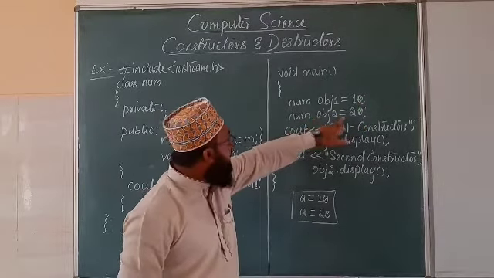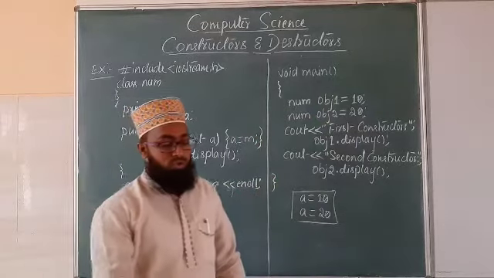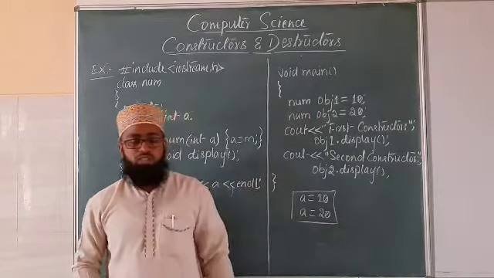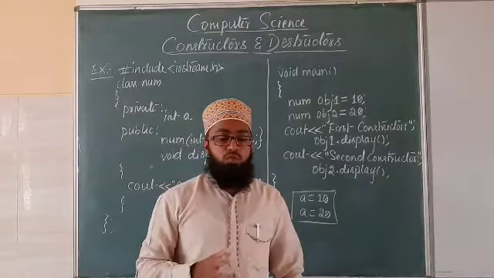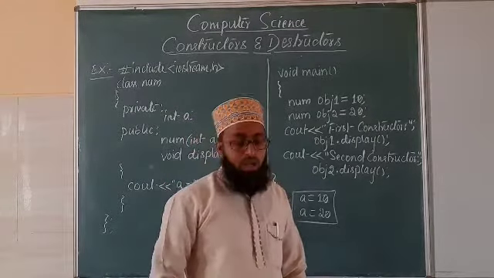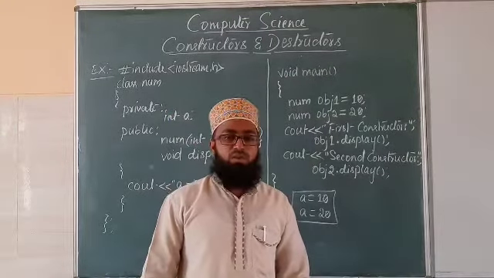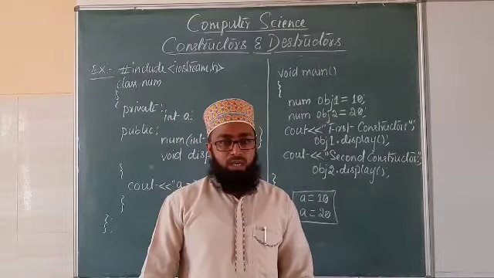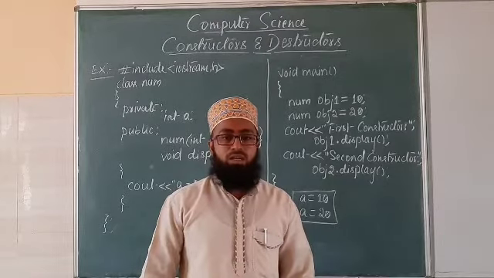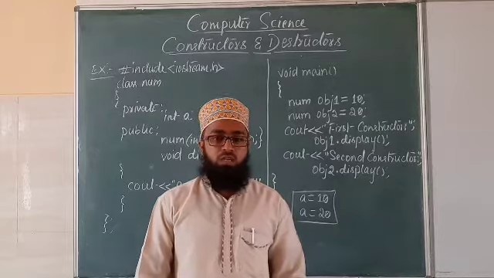So these are the things regarding invoking constructors: implicit call, explicit call, and initializing at the time of declaration with the assignment operator. So we are now clear about invoking constructors.